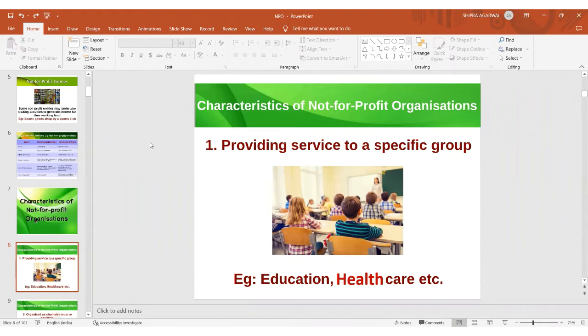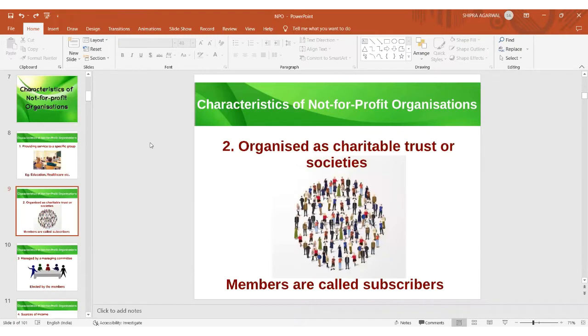There is no restriction on who can come and get these services. Anyone who would like to visit the hospital is free to do that. But in case of clubs and associations, certainly there is a limit that only the members will be provided with the services. Right. Secondly, these organizations are organized as charitable trusts or societies.